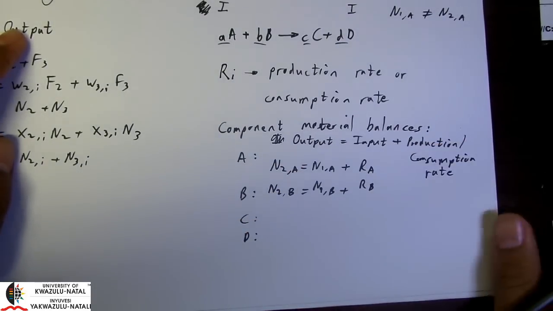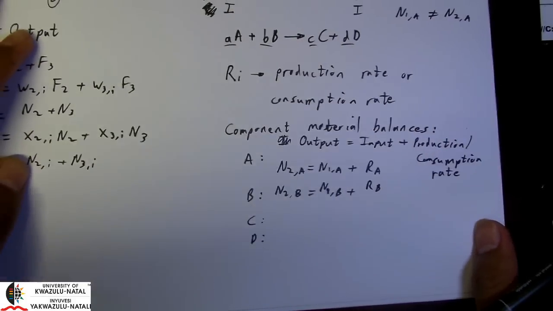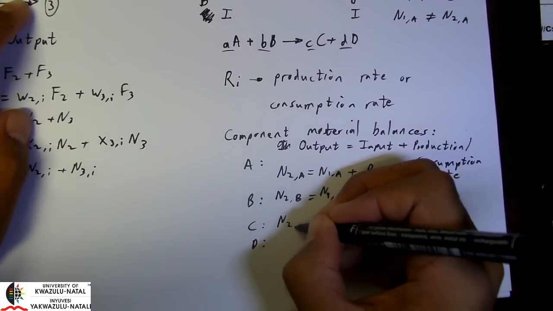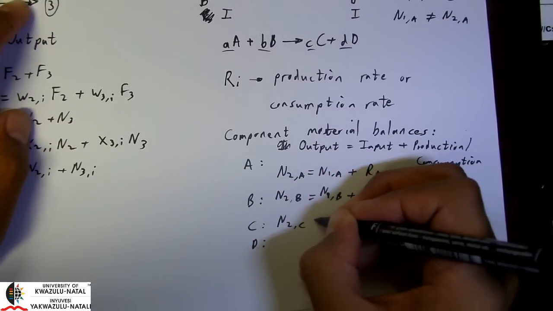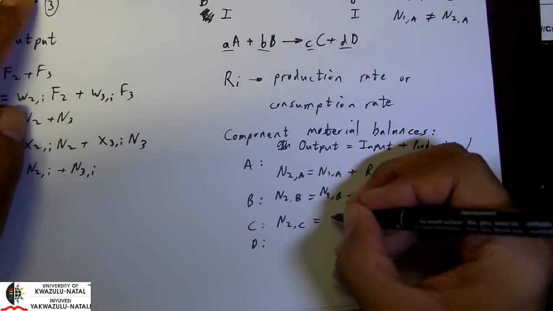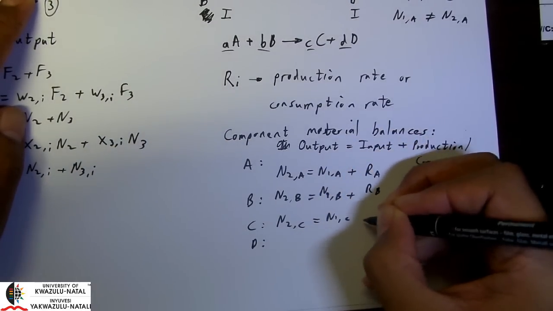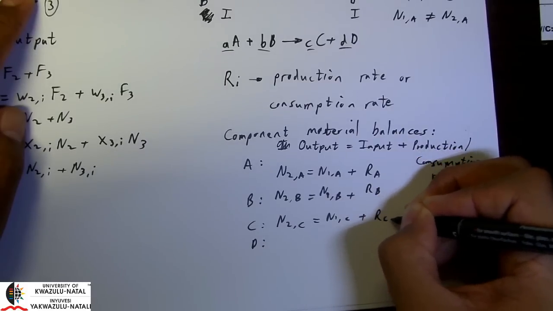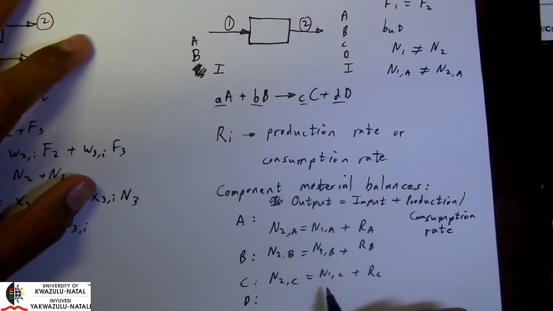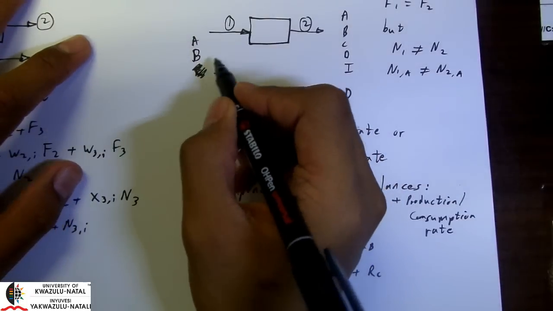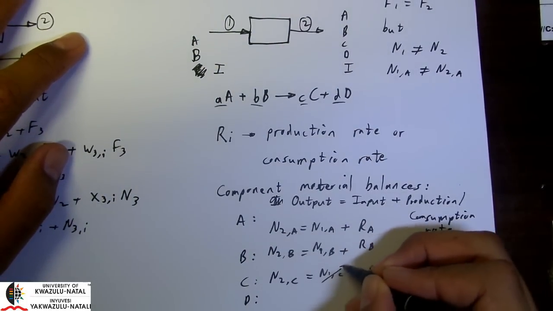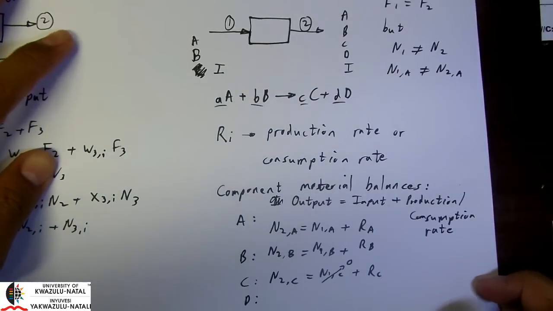Now let's look at the case of C and D. For component C, we will have N2C equal to N1C plus RC. In this case, N1C is equal to 0. There's no C coming in, so this can be crossed off as 0.